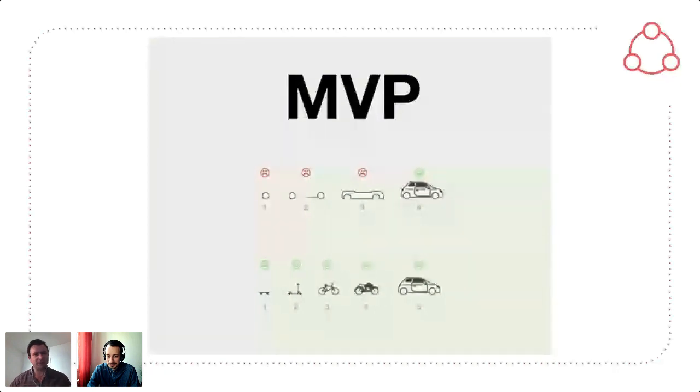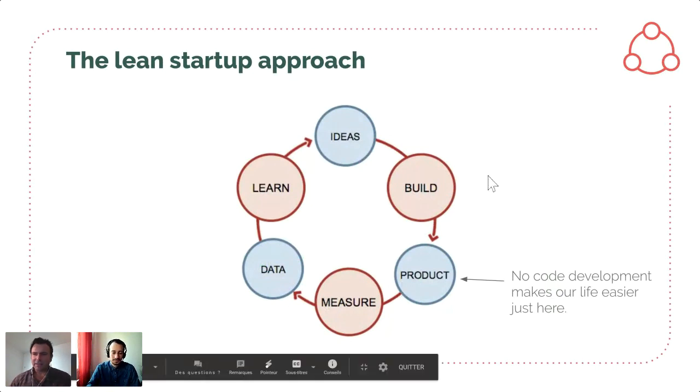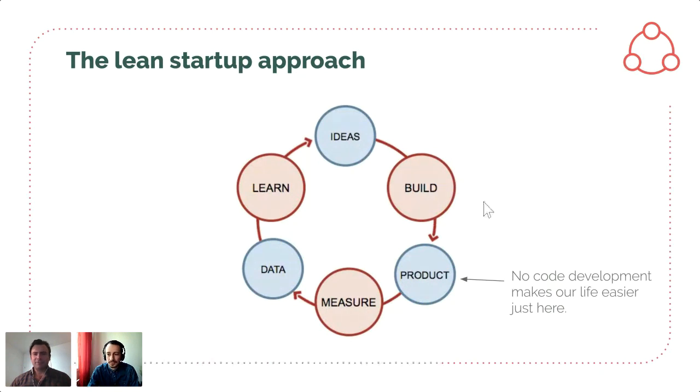No coding is very useful to build MVPs, and you can go very far with it. You can go further than MVPs, but you have to get this into account, to keep it in mind. And the MVP is a concept that is a key concept in the lean startup approach. Many people know it here, but I sum it up very quickly. The lean startup idea is build an MVP.